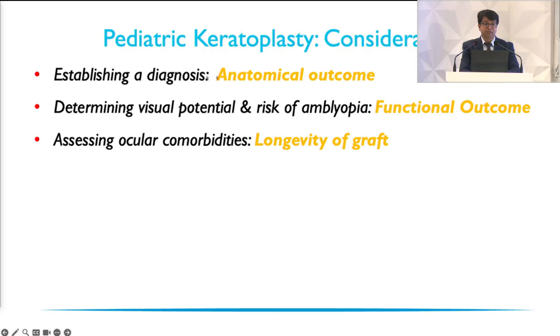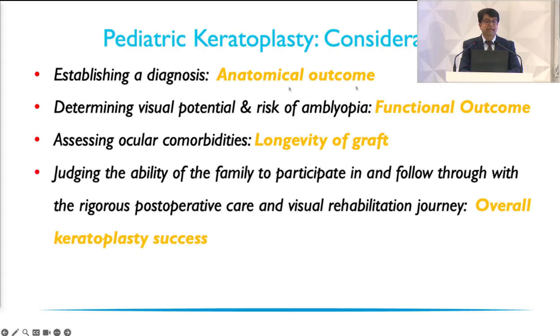So determining the visual potential, that is the risk of amblyopia, determines functional success. We don't want just to have a clear graft. The child should see through it. It does impact the functional quality of a child. And the presence of ocular comorbidity, as Shushmita was rightly pointing out, particularly glaucoma and aphakia, can actually affect the longevity of the graft.